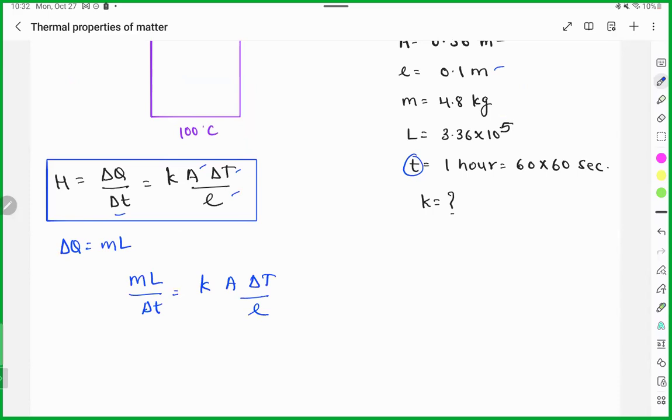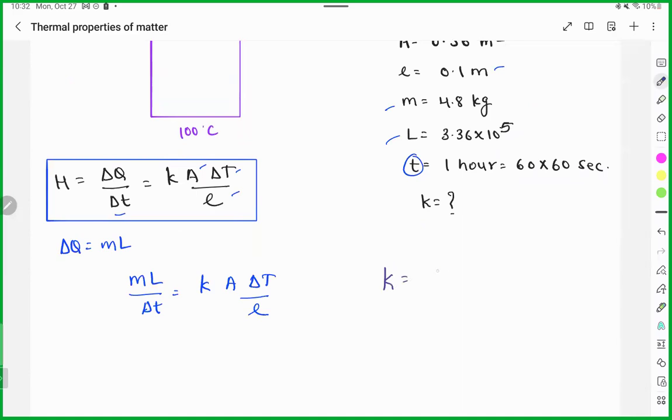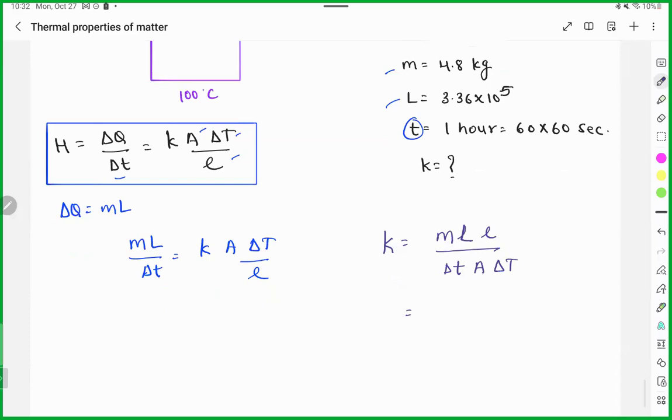Everything is given. Mass given, L given, T given, everything is given except K. So simply put, K value is equal to M L small l divided by change in time, area, and change in temperature. Put the value, you will get the answer.